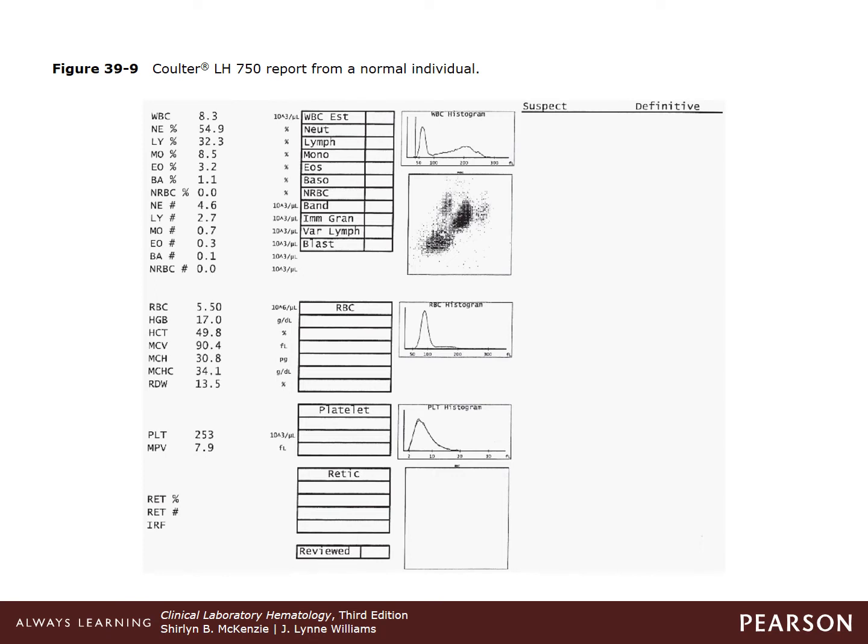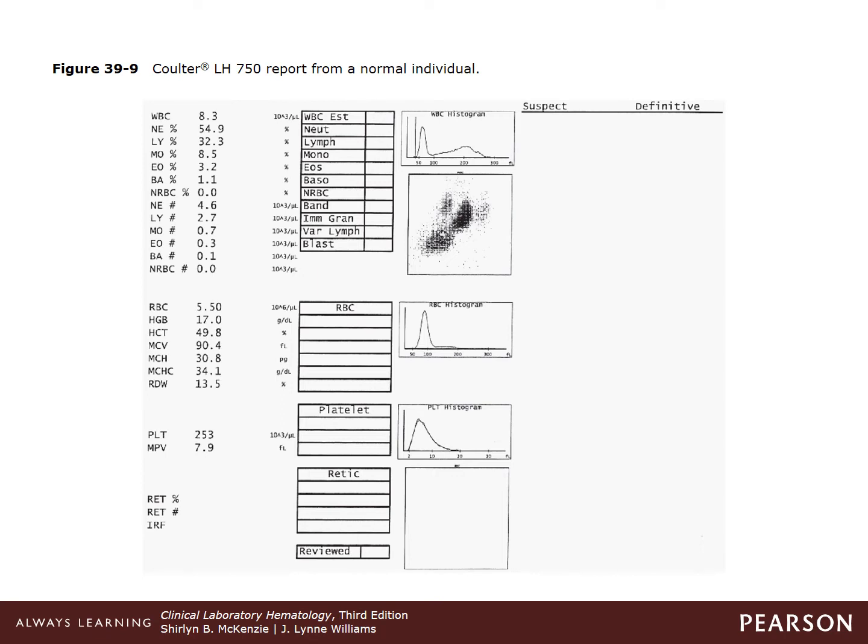Here hemoglobin is converted to cyanmethemoglobin and shrinks the leukocyte cell membrane and cytoplasm. Therefore, the WBC count represents a measure of the cell volume rather than the native size as it passes through the aperture. That's why it looks different on the histogram.